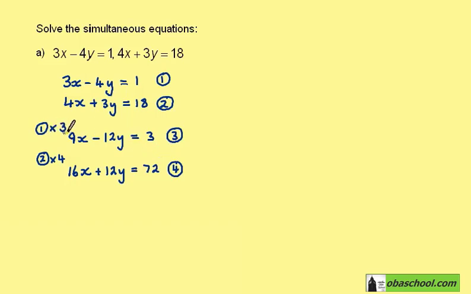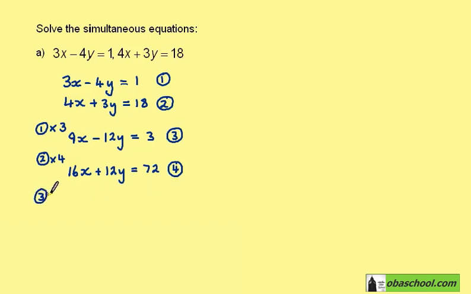Note now that by multiplying 1 by 3 we produced 12y, and multiplying 2 by 4 also gave us 12y. The signs are different, and we know if the signs are different that we're going to add.